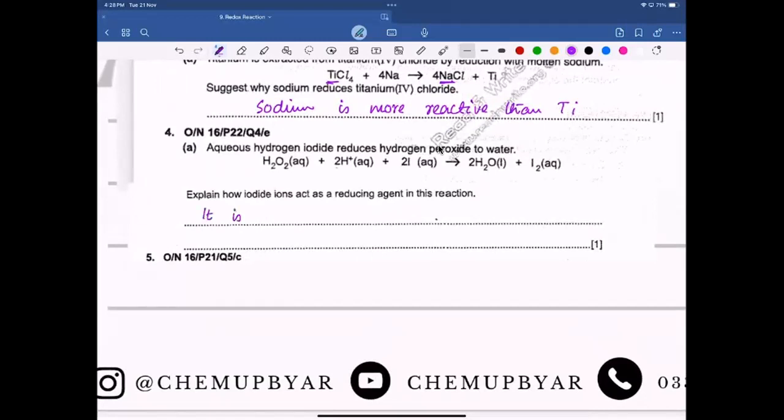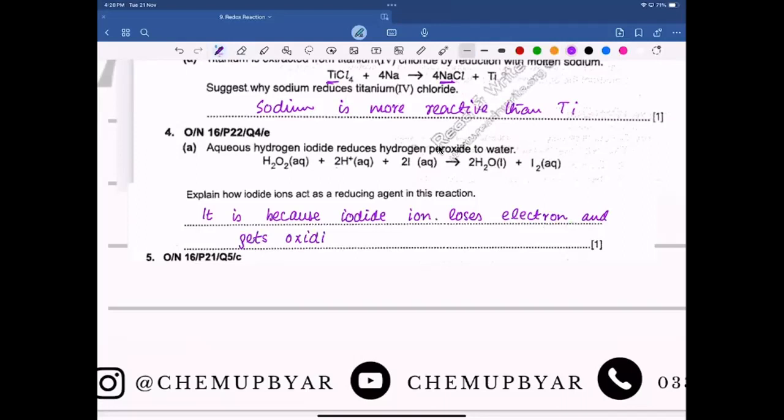It is because iodide ion loses electrons and gets oxidized.